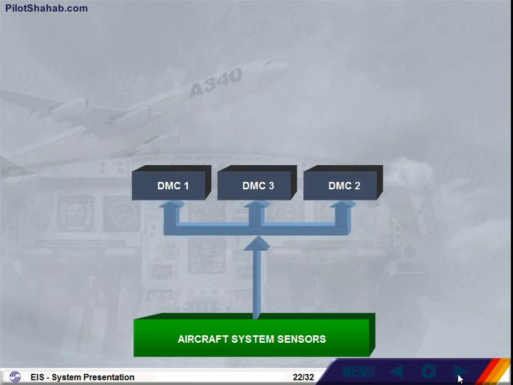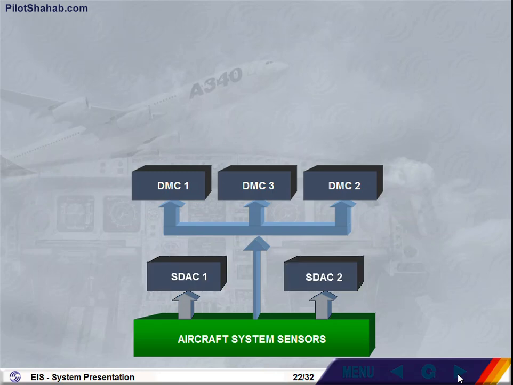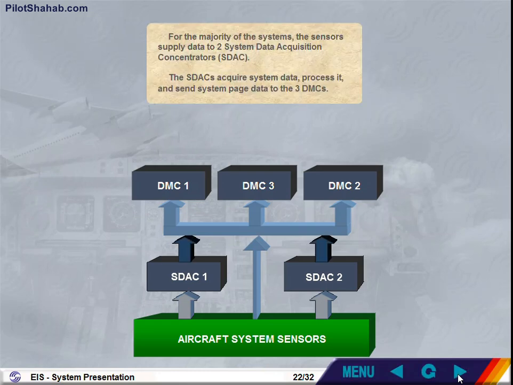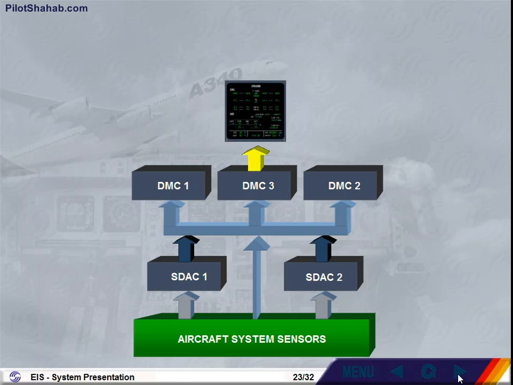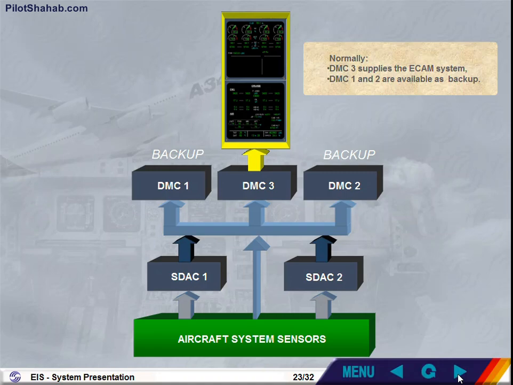For the majority of the systems, the sensors supply data to two System Data Acquisition Concentrators, SDAC. The SDACs acquire system data, process it, and send system page data to the three DMCs. Normally, DMC-3 supplies the ECAM system. DMC-1 and 2 are available as backup.